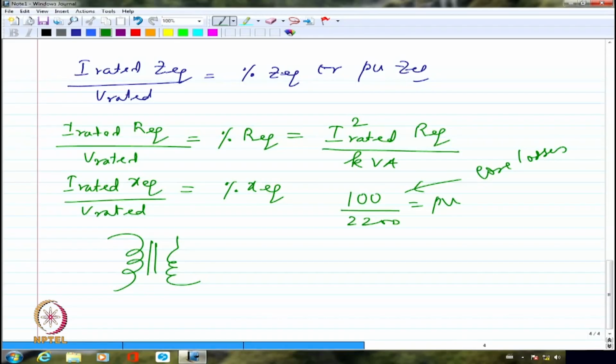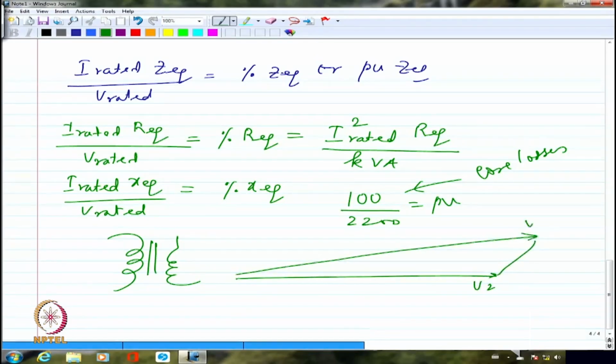If you recall, we drew the phasor diagram and said this is V2 and there is some addition like this, and then we get V1 dash. And then we said this vertical component we are neglecting. Remember, that vertical component we should not neglect, so it will give you more accurate regulation.